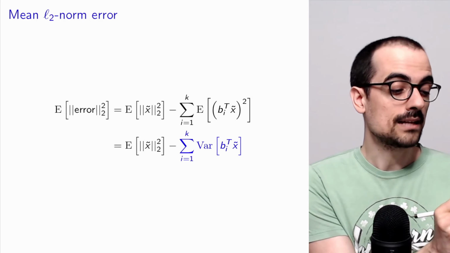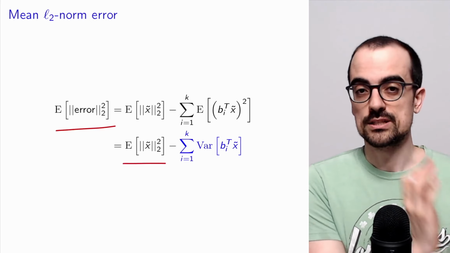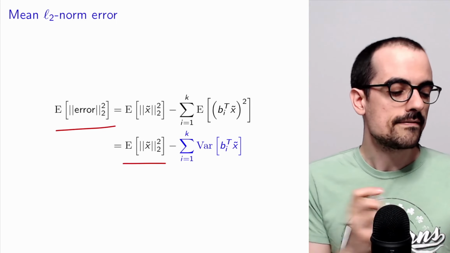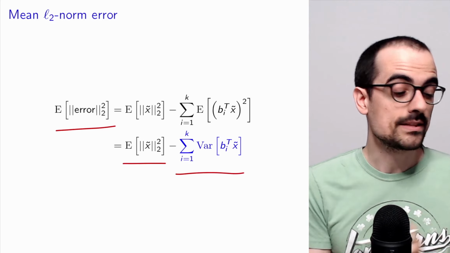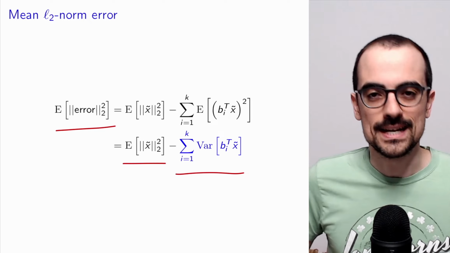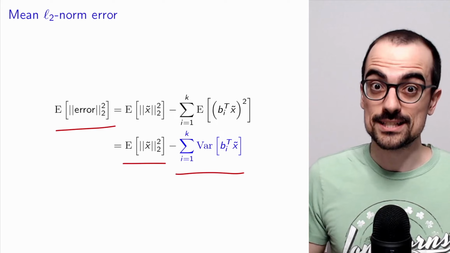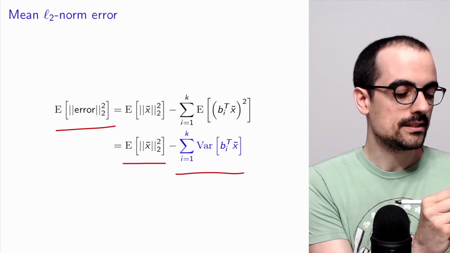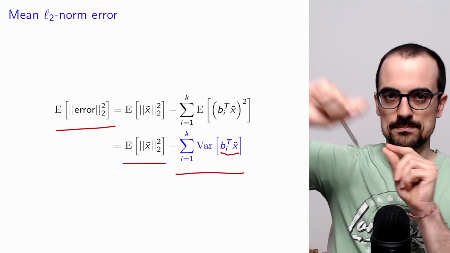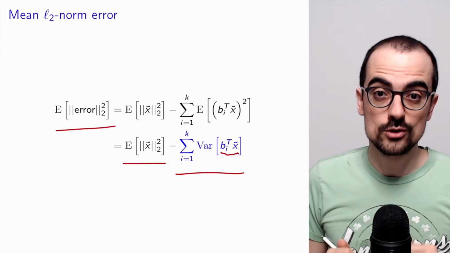So here we have that the mean L2 norm of the error is equal to the mean L2 norm of the original random vector that we cannot modify, minus the sum of the variance captured by each of these directions, each of the orthonormal vectors. Because remember, from our discussion on principal component analysis and the covariance matrix, that this inner product essentially gives us a projection of the random vector in a specific direction, in the direction of Bi, because Bi is a normalized vector with unit norm.